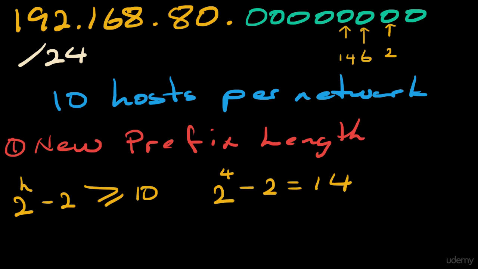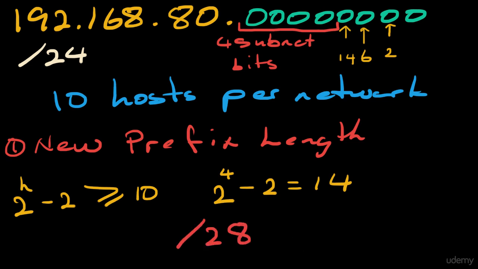So what we want is 4 host bits. We're therefore taking the 4 bits in front of it as the subnet bits. So we have 4 subnet bits. Our new prefix should therefore be /24, 25, 26, 27, 28. /28.